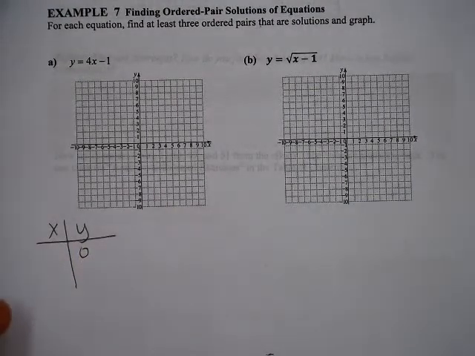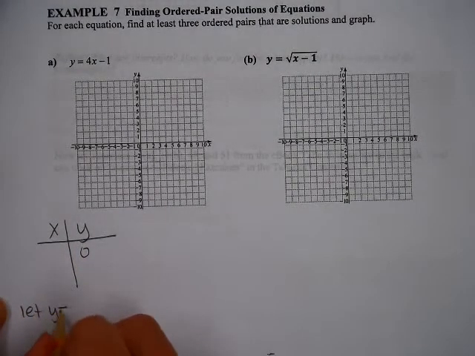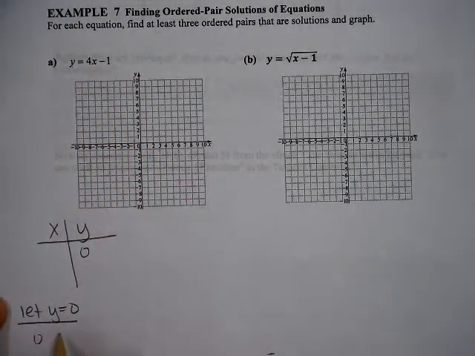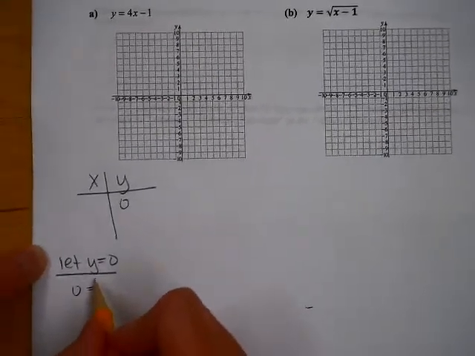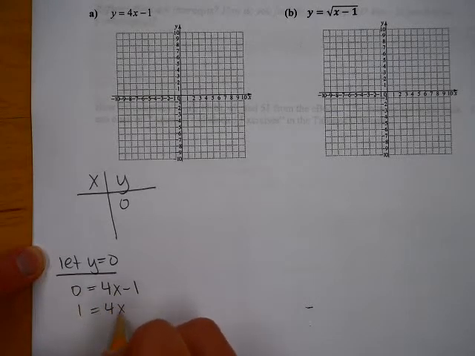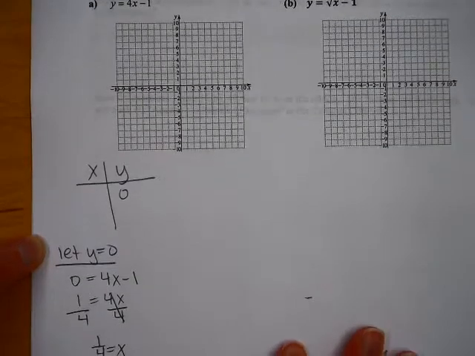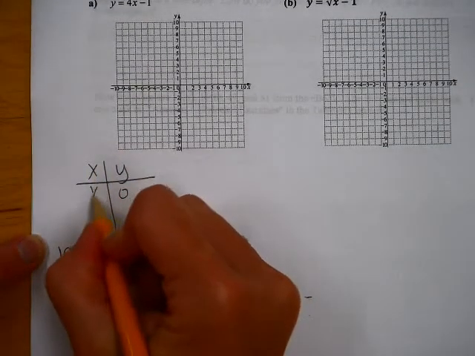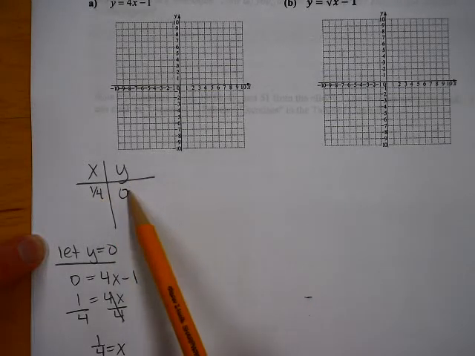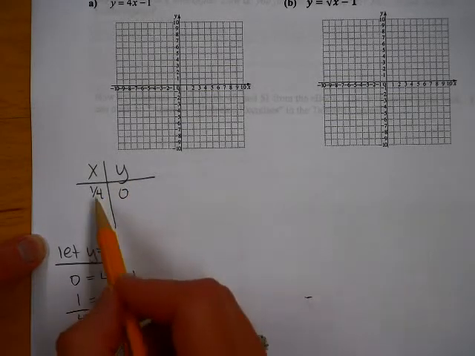If I let y equal 0, that means right here I need to plug a 0 in. 0 equals 4x minus 1. Well, let's solve this for x. Bring the 1 over, divide by 4. x equals 1/4. So when y is 0, x is 1/4. This is the x-intercept.